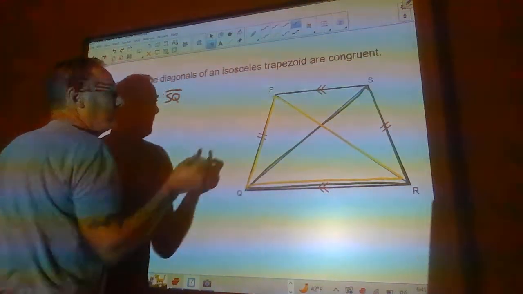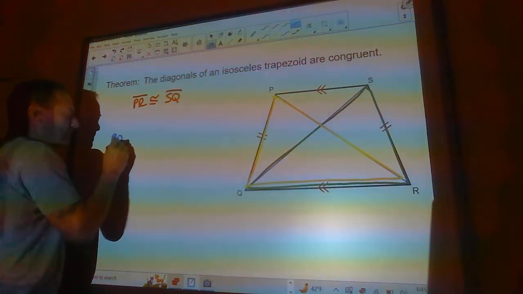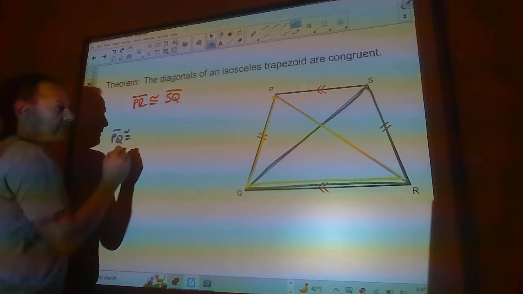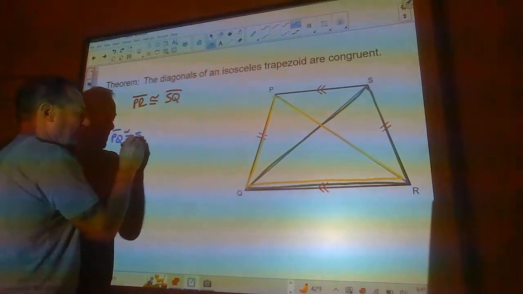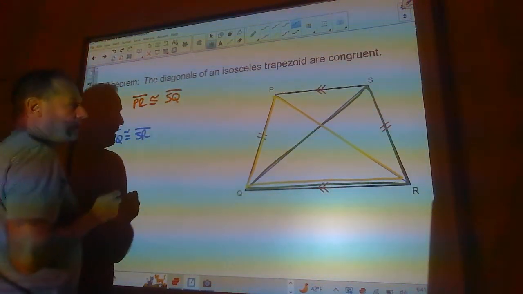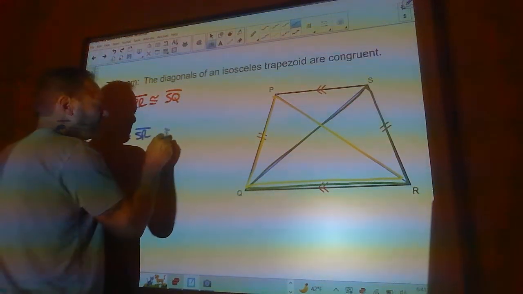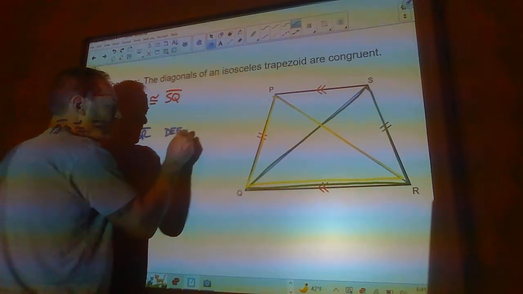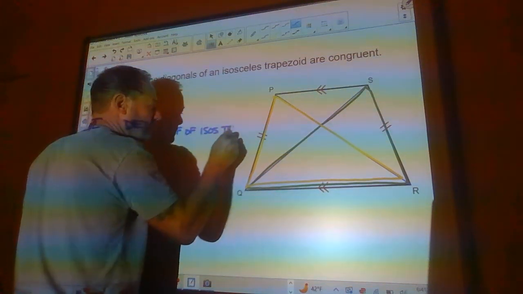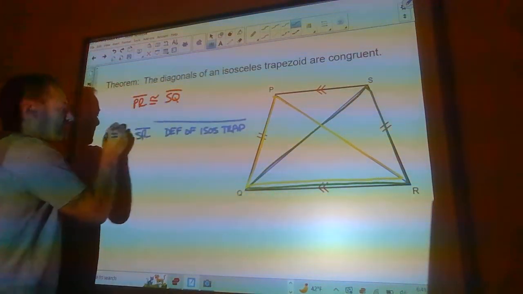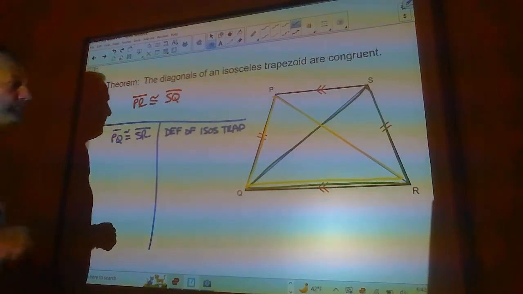So we know that PQ is congruent to SR by definition of an isosceles trapezoid. Sorry, making my two-column proof right here.